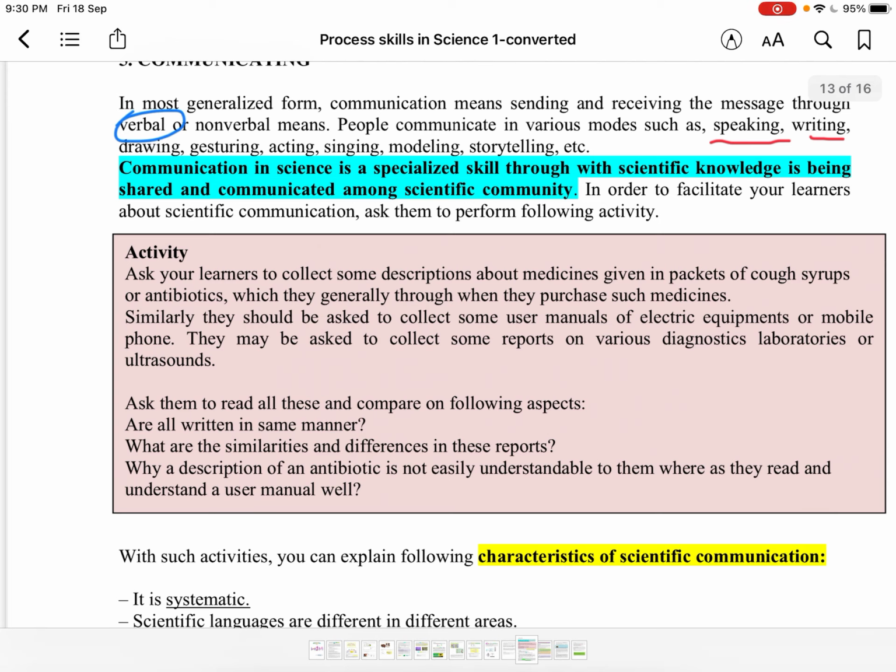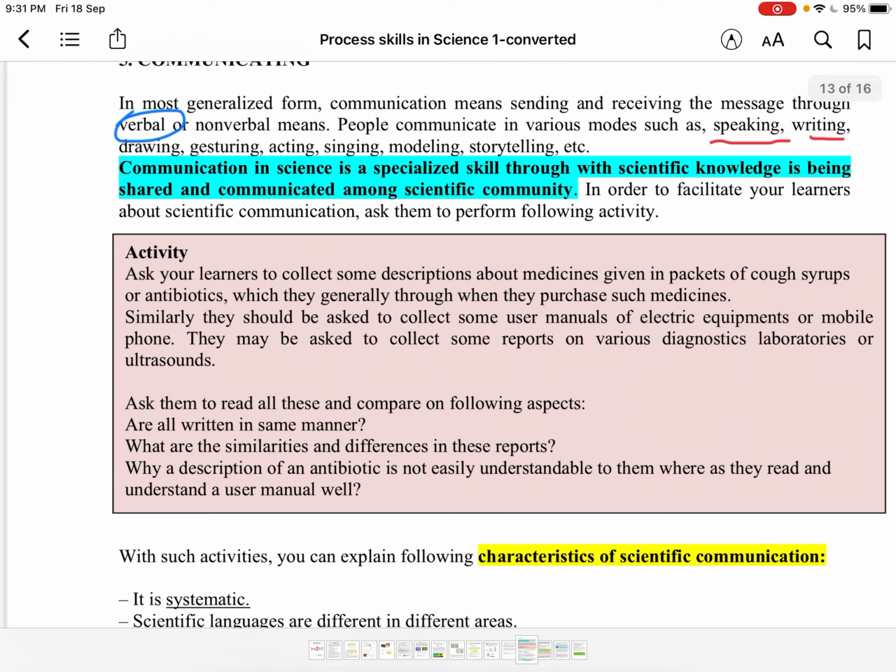So we can give this type of task to the students. They can collect the user manual, and they can also collect some of the reports of people who have undergone a diagnosis process. That type of record, that type of report, we can ask them to collect.